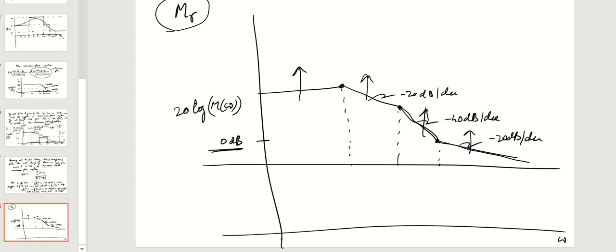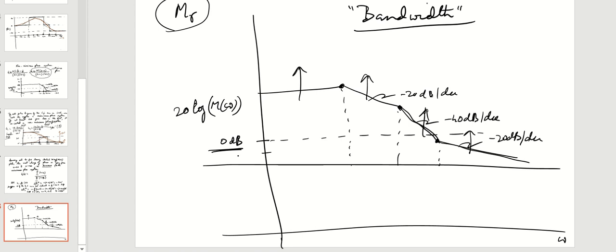Now we will explain the concept of what is called bandwidth. This is something that you've heard pretty often when dealing with systems. We say the system's bandwidth is given by that frequency at which it has an attenuation of 3 dB. For this particular system, we will call this the omega bandwidth.